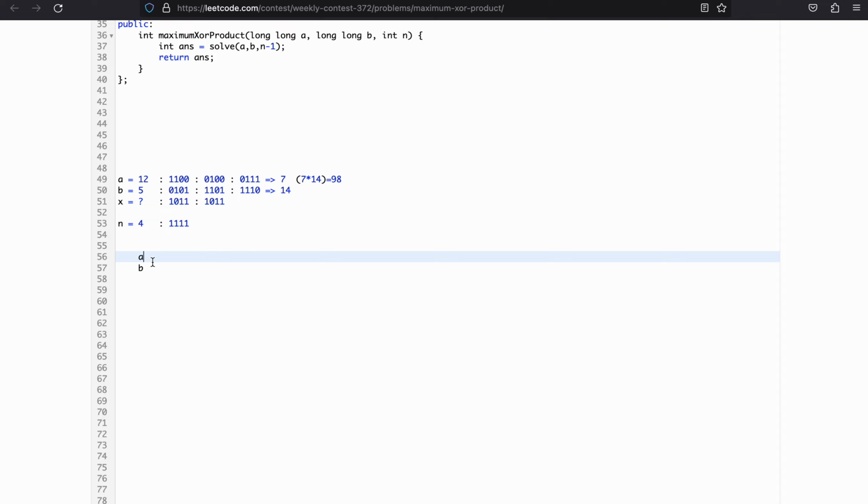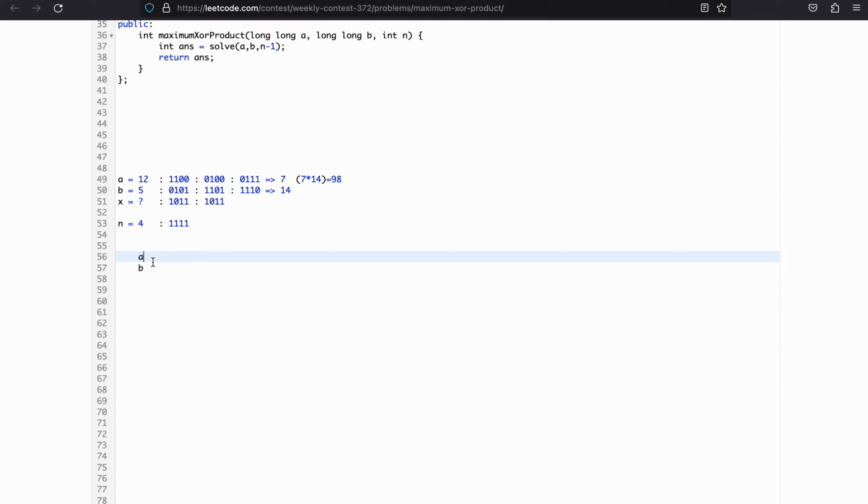And if bits are different in a and b, then we check which one is minimum. If a is minimum, then in the ith bit a should be 1, and the ith bit in b should be 0.